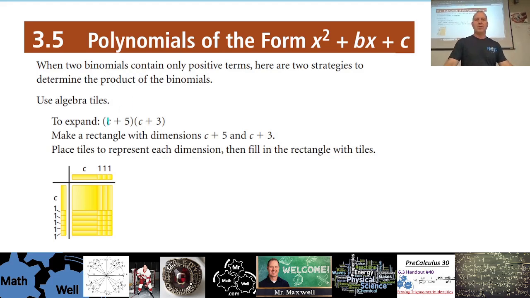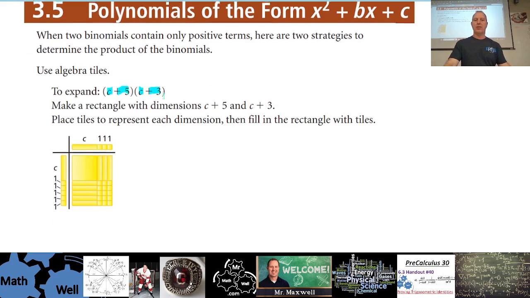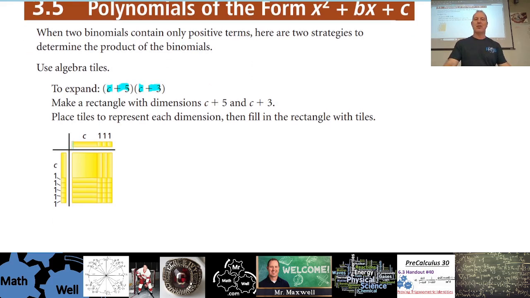So positive c value, we have a plus 5, we have a plus 3, okay? Now in this case, you can easily use algebra tiles to represent each binomial. Now, when we use algebra tiles here, the c is like the long rectangle one, okay?